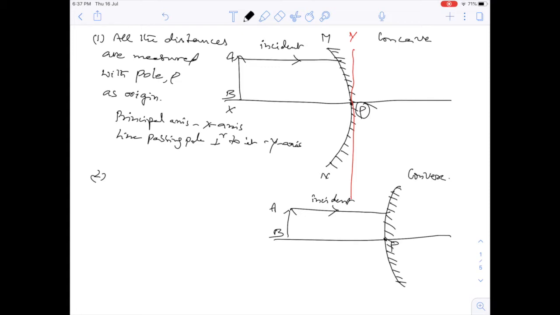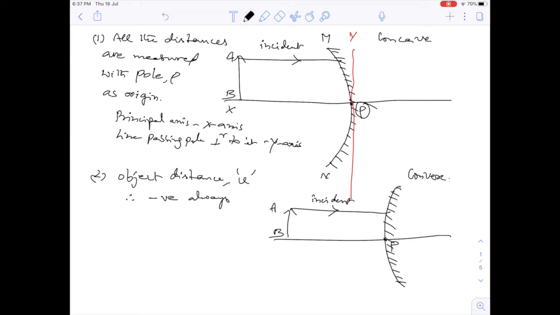So, the object distance is always negative, whether it is a concave mirror or a convex mirror. I will denote the object distance as small u.